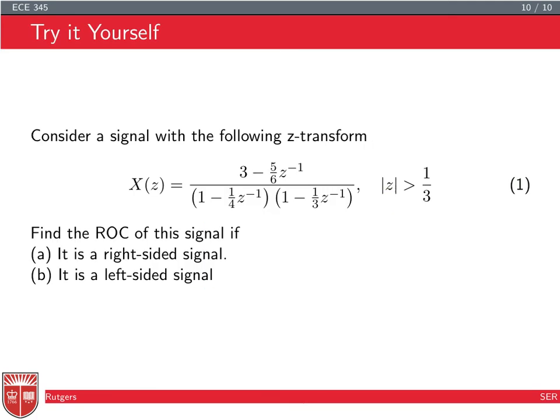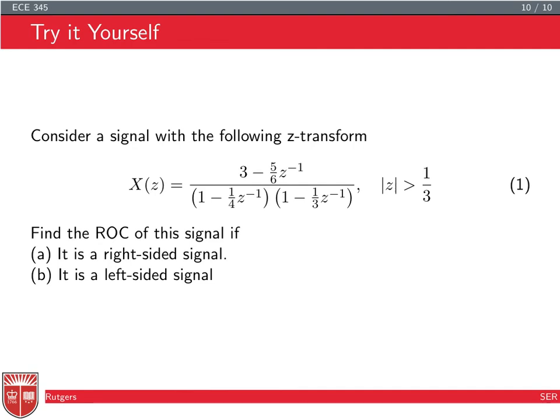I want to end this lecture with a do-it-yourself problem. The question in this problem is to find the ROC of the following signal with the following z transform, in the case whether it is a right-sided signal or a left-sided signal.